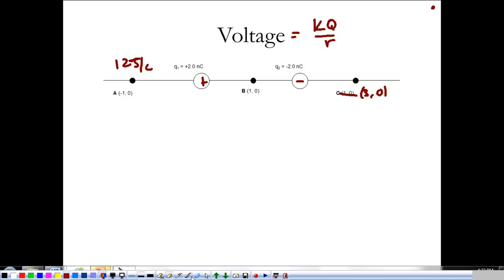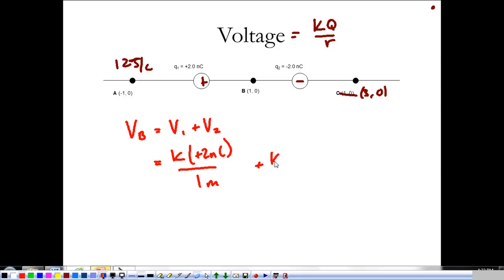Let's look at B now. Point B is 1 meter away from each of those charges. The voltage at B is going to be, again, voltage from charge 1 plus voltage from charge 2. So that's K times positive 2 nanocoulombs divided by 1 meter plus K times negative 2 nanocoulombs divided by 1 meter.